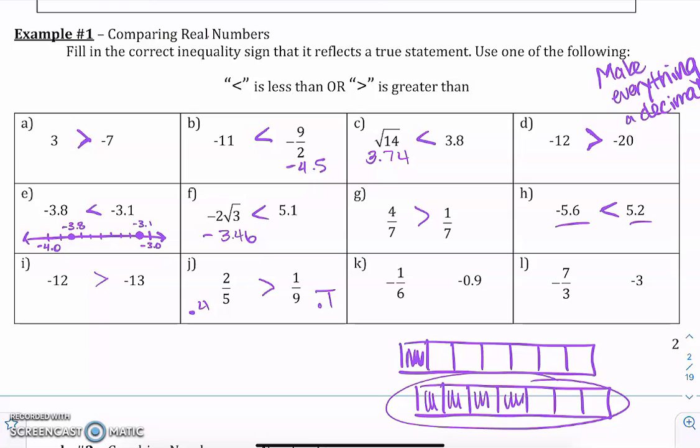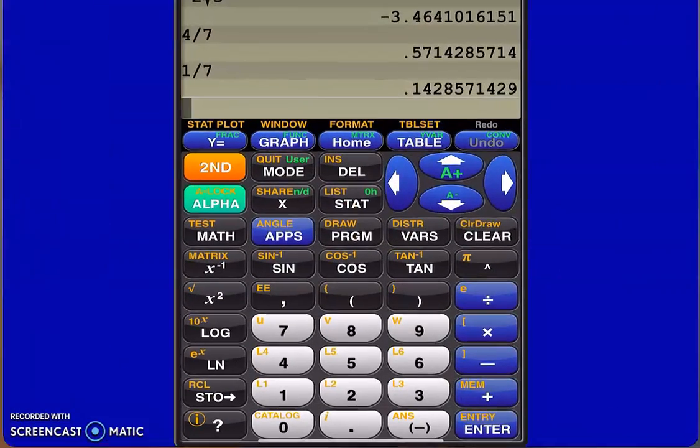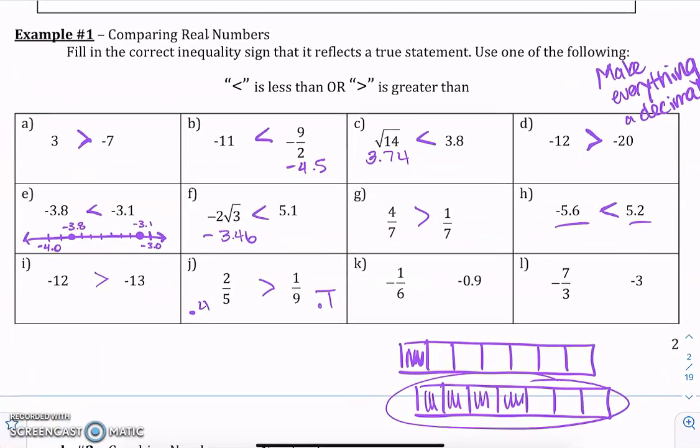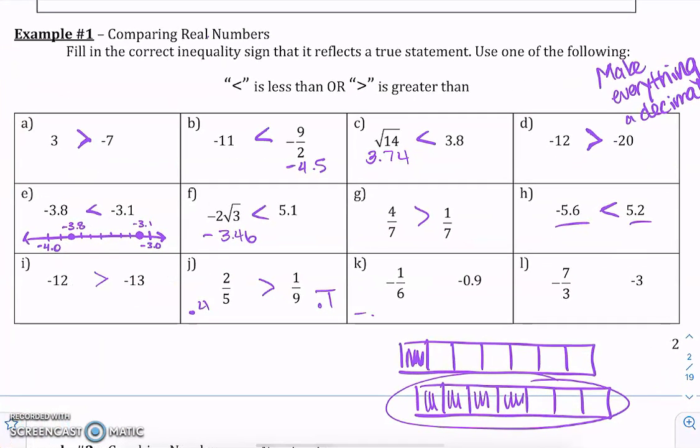Same thing, you can divide that: 1 divided by 6, 0.16 repeating. So negative 0.1 versus negative 0.9. Negative 0.9 will be further left, making it less.